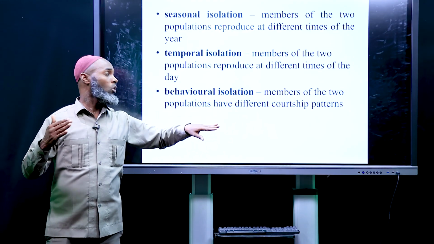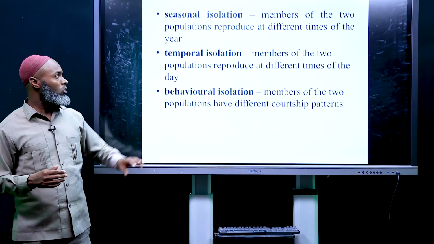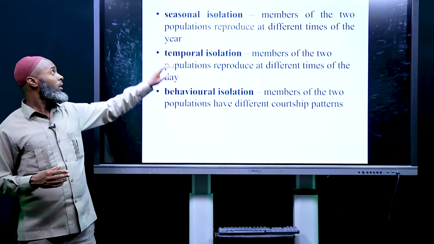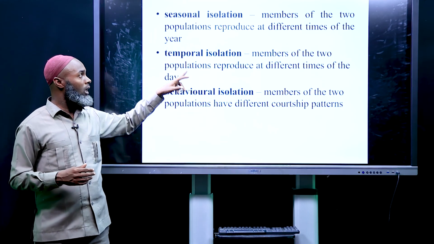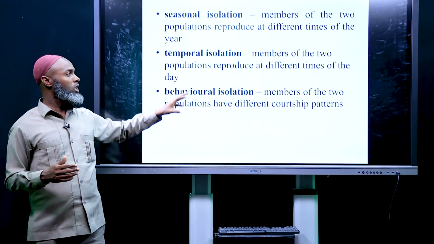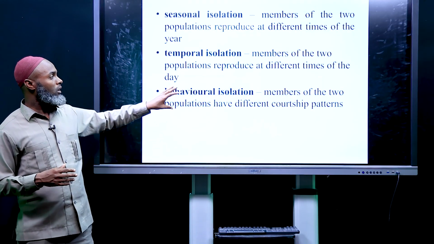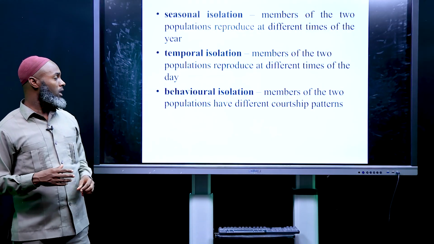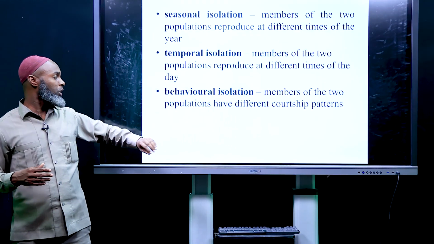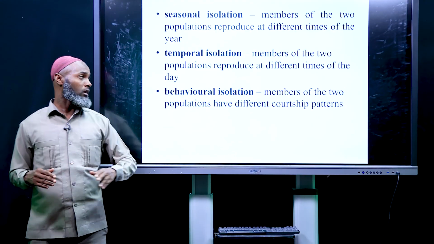So seasonal isolation, temporal isolation, and behavioral isolation. In seasonal isolation, the difference is in terms of the year, whereas in temporal isolation, the populations reproduce at different times of a day, whereas in behavioral isolation, the courtship pattern is different.